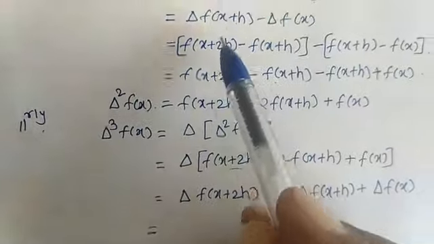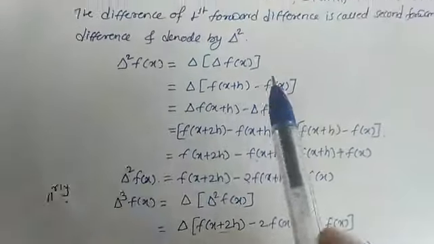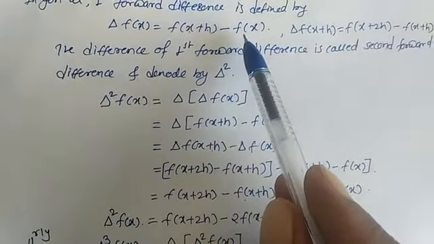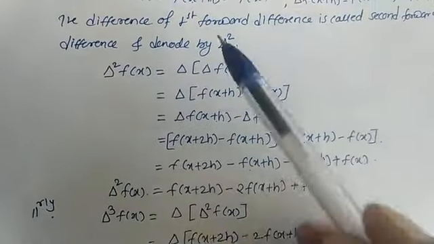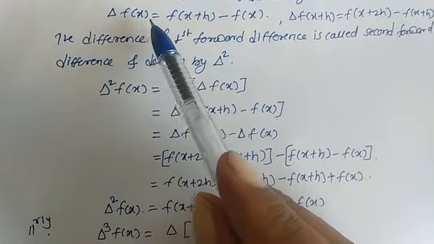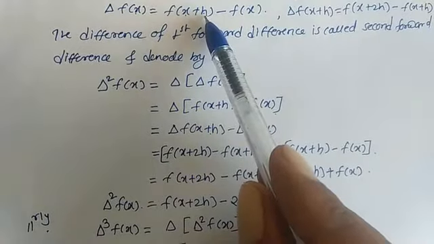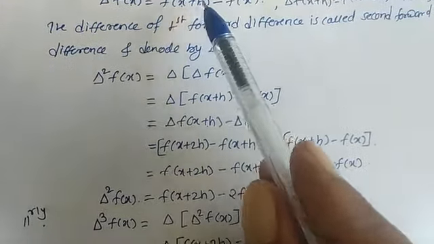So which will give us, now this will be f of x plus h minus f of x. For f of x plus 2h we have to replace x by x plus 2h. So it will be x plus 2h plus h, which is x plus 3h.